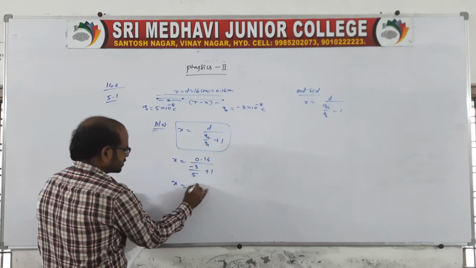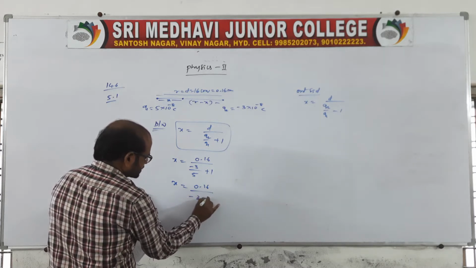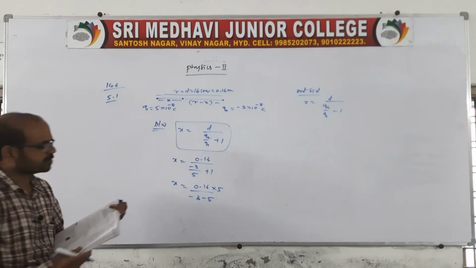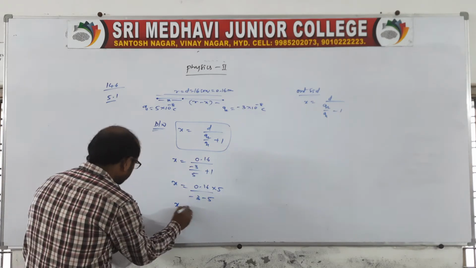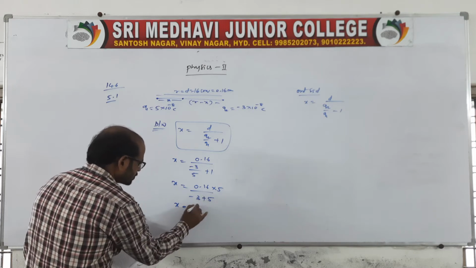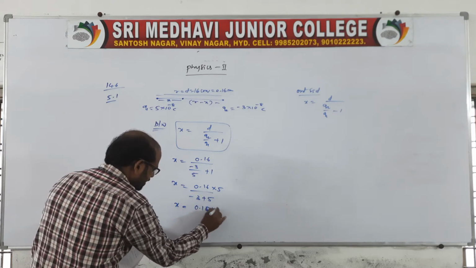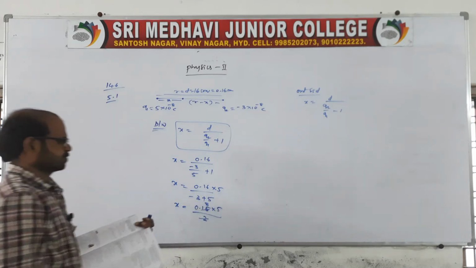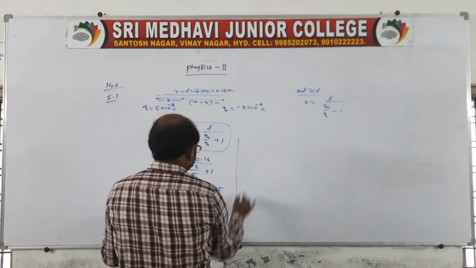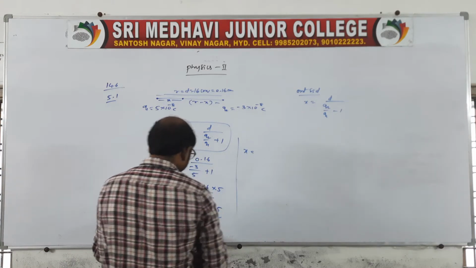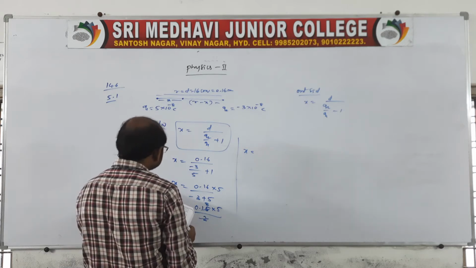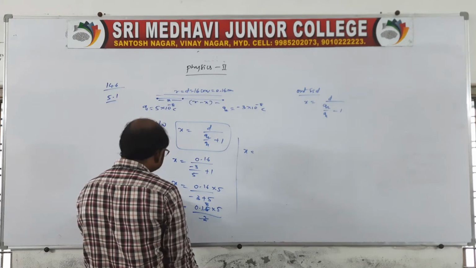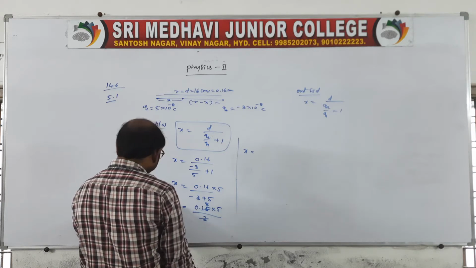So X is equal to 0.16 by (minus 3 plus 5) by 5, which is 0.16 into 5 by 2, 2 ones are 2, 8 5s are 40.